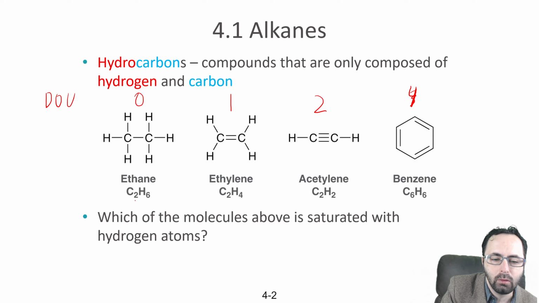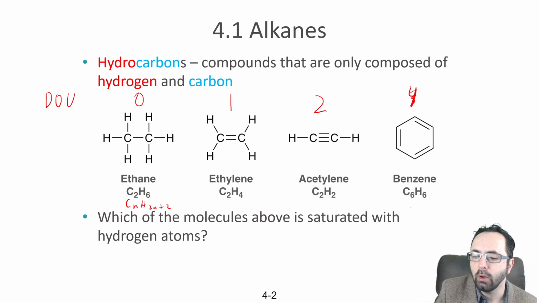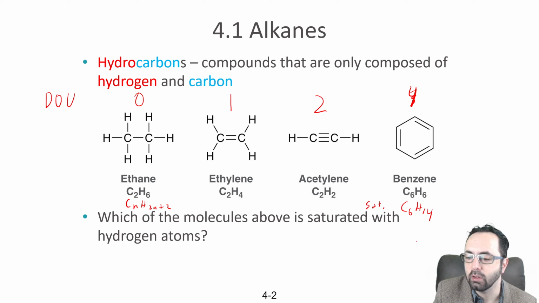Now you can see generally the formula for a saturated hydrocarbon is CnH2n+2. So if you had a saturated C6 hydrocarbon, it would have 6 carbons, and 2n plus 2, so 2 times 6 plus 2, 14 hydrogens.